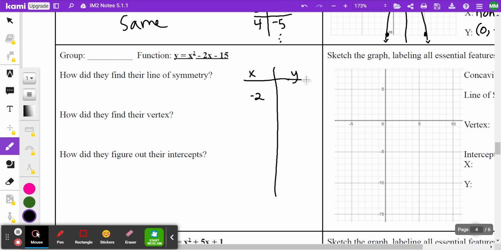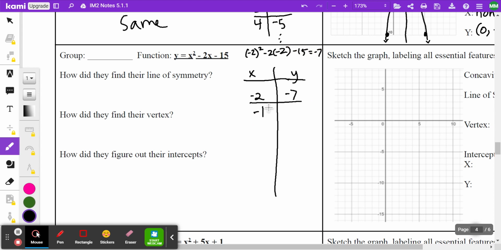And when I plug in -2, what do I get? -7. I'm not sure if that's right. Let me check. -2 squared minus 2 times -2 minus 15. Calculator. Yeah, that's right.